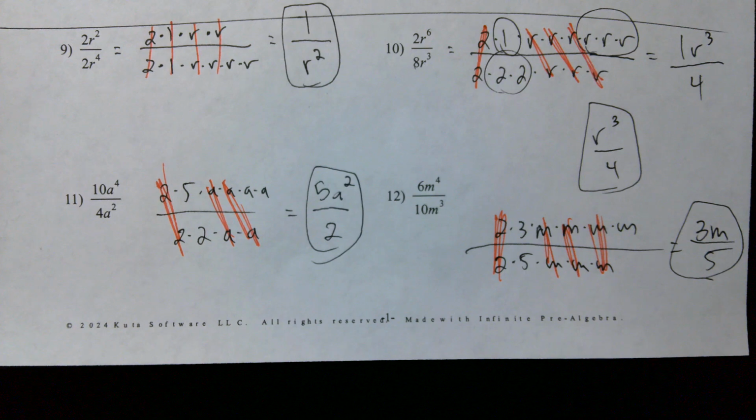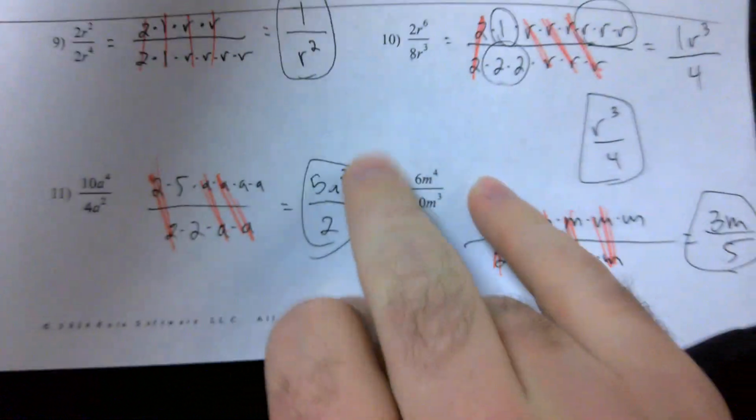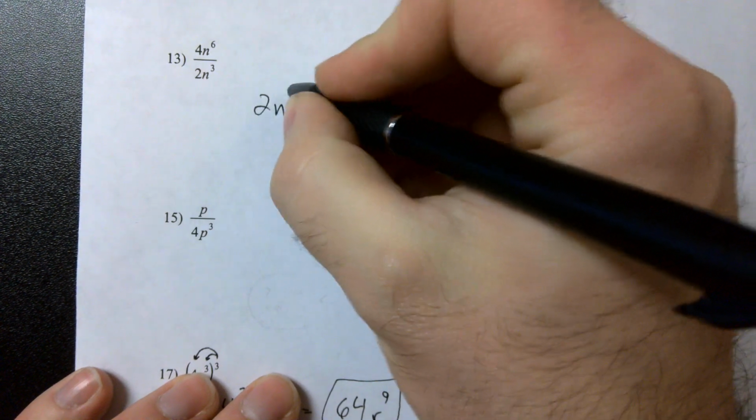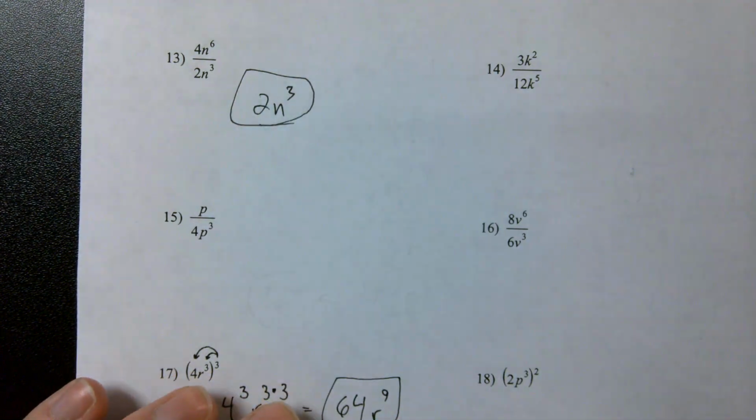Maybe I accidentally canceled the 3, but that's all right. 3m over 5. Great job. Very quickly, these last 4. We're going to end up with 2n to the 3rd. Nothing left on the bottom.